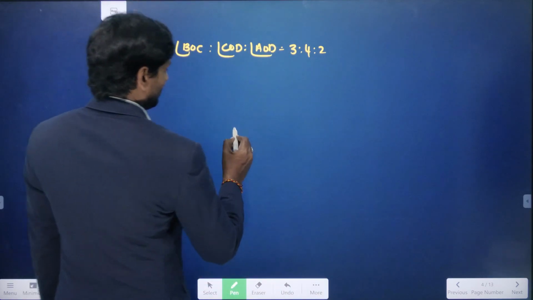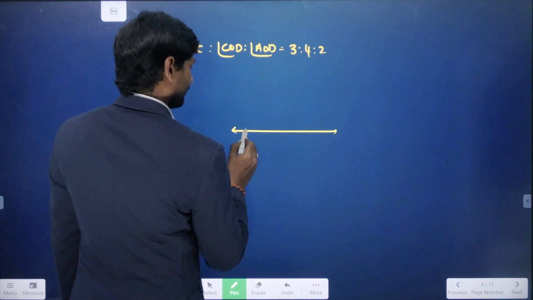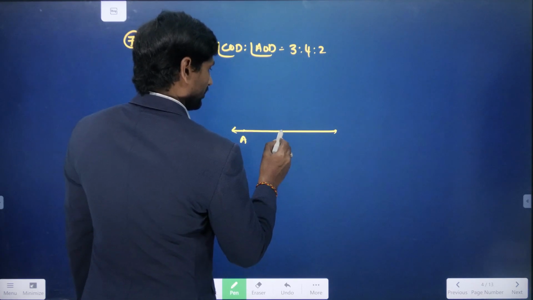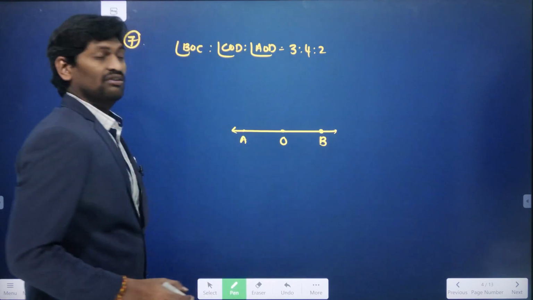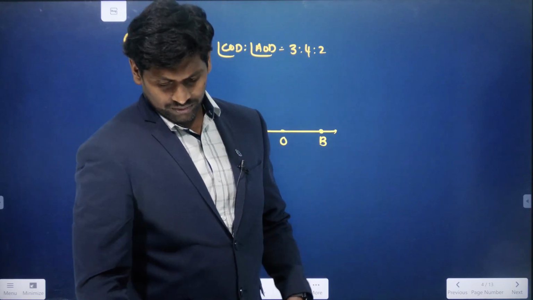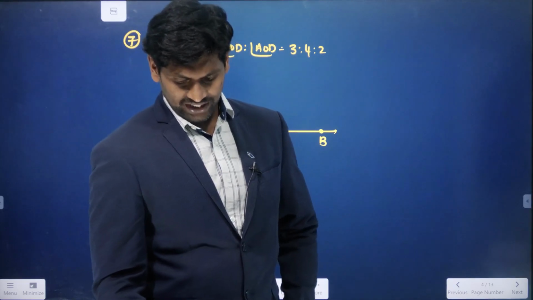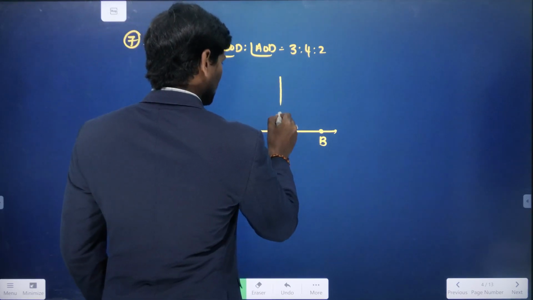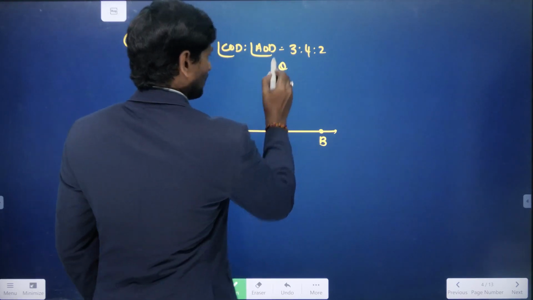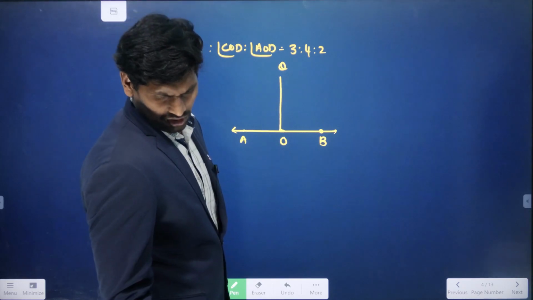One diagram is given, that is AOB a straight line. From this straight line it is given that OP, OQ and OR are angular bisectors. Q will be given like this, and also OR, OD.